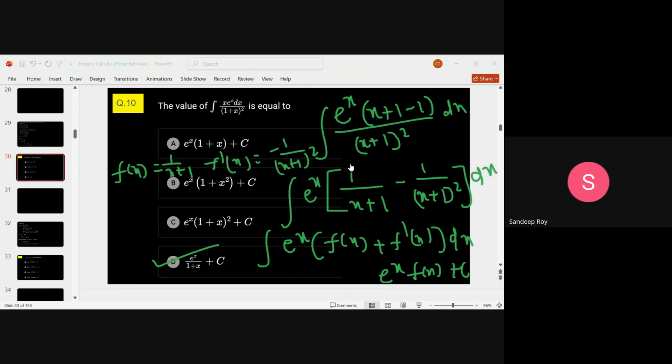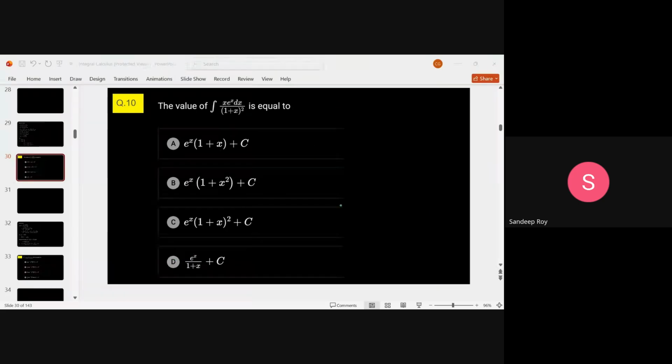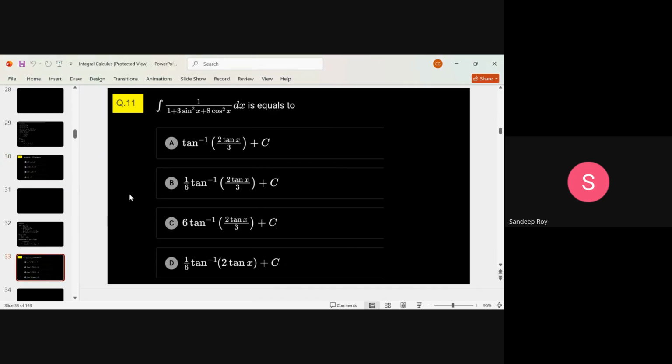That is question number 11. Okay, the next one is your question number 11. So this is your question number 11. Start quickly, have a look at how to solve. So 1 upon 1 plus 3 sine square x plus 8 cos square x. This is the integrand, so you have to integrate this one.